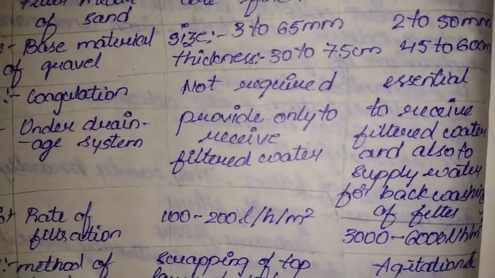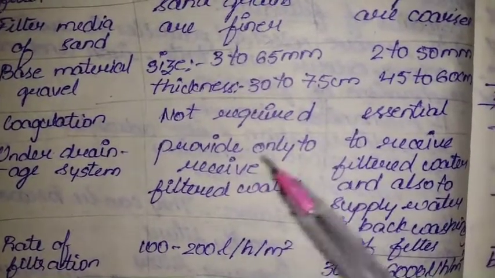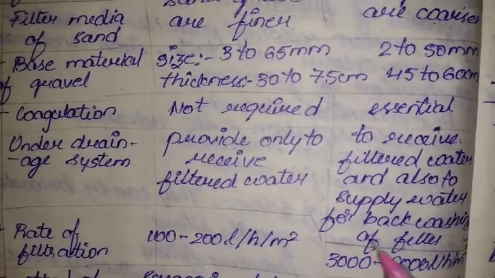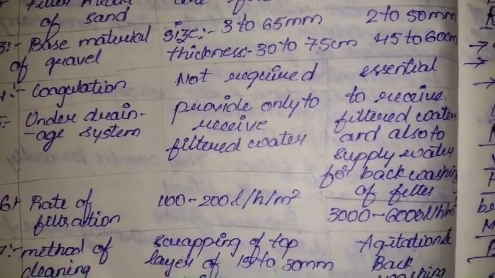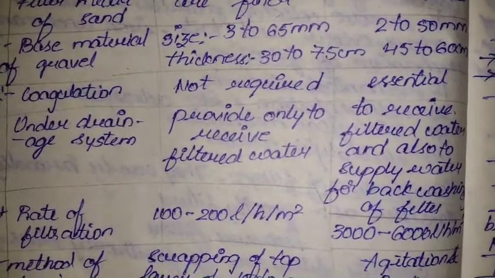Under drainage system: provided only to receive filtered water, and also to supply water for backwashing of the filter. See, the drainage system is how we are going to clean that, or how we are going to receive the water from the outlet.